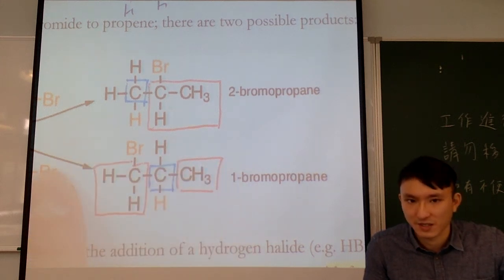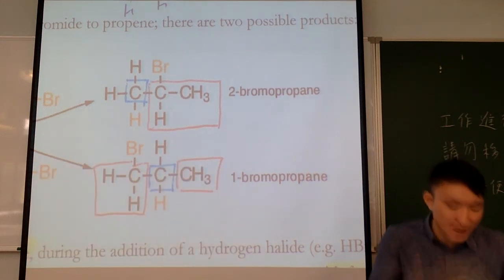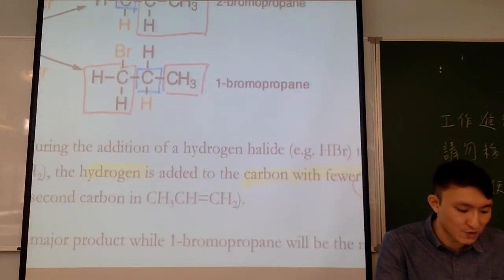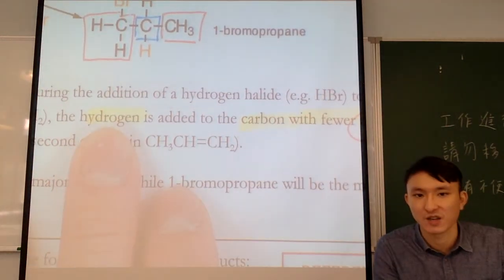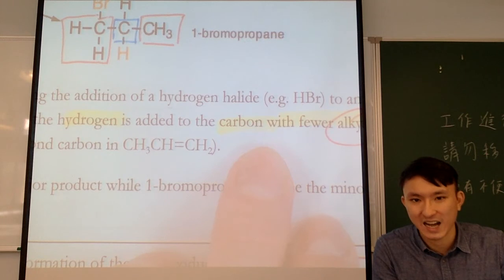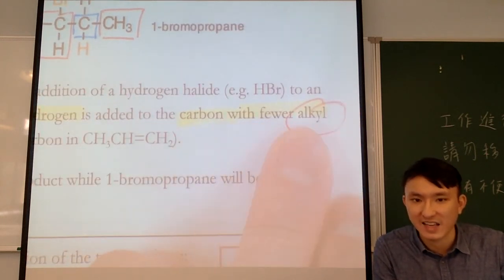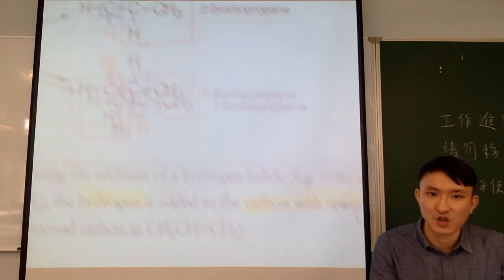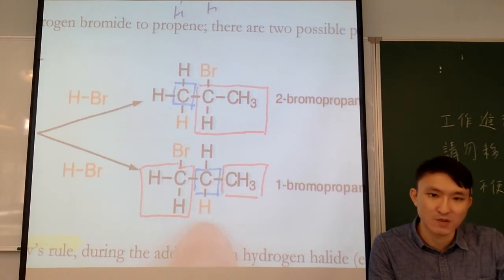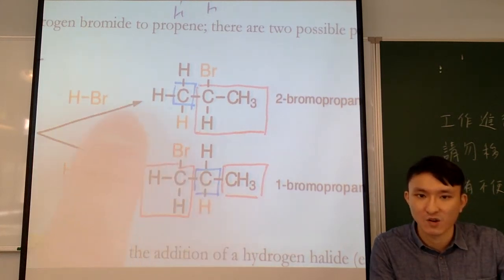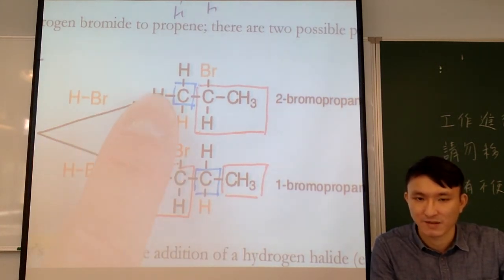So the question is, let's go back to our Markovnikov's rule. It says that the hydrogen will prefer a carbon with fewer alkyl substituents. So do you think the hydrogen would prefer this carbon, or would the hydrogen prefer this carbon?